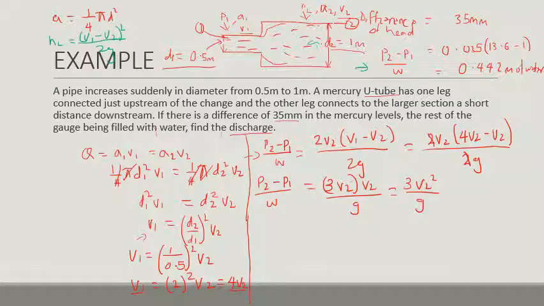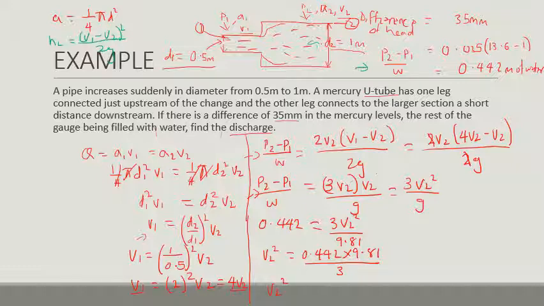Now let us input our value for P2 minus P1 over W, which is equal to 0.442, so that is equal to 3V2 square over 9.81. So now making V2 square the subject of the formula, we have V2 square will now be equal to 0.442 times 9.81 over 3.